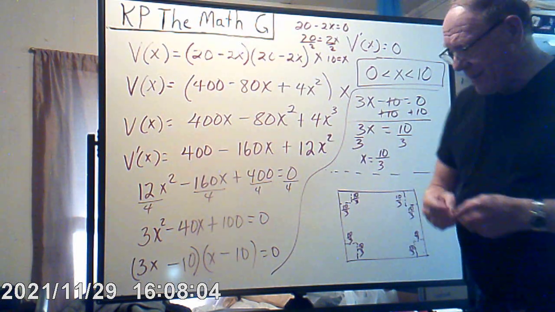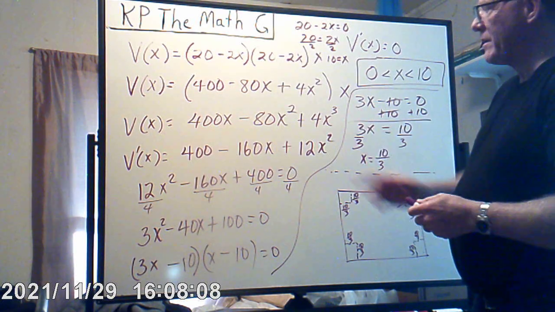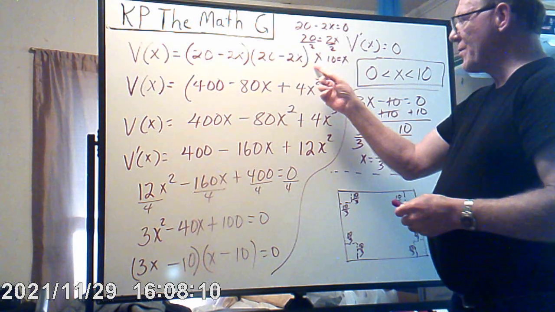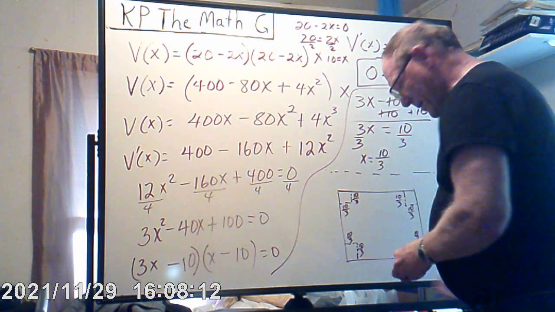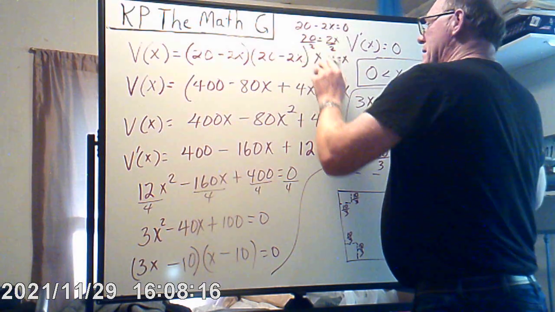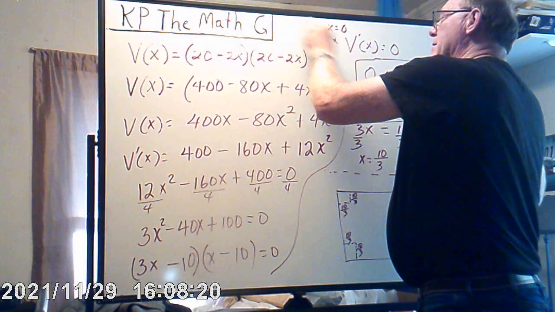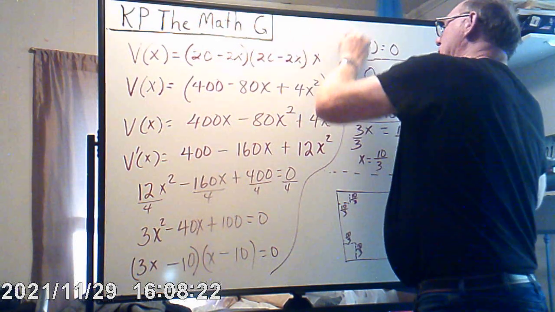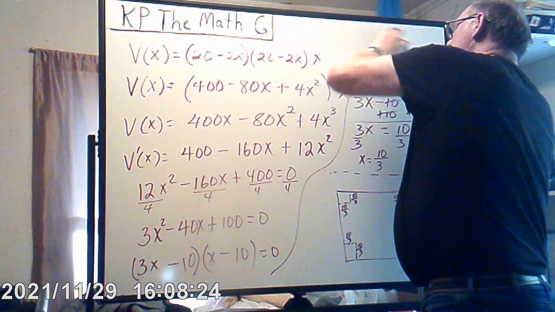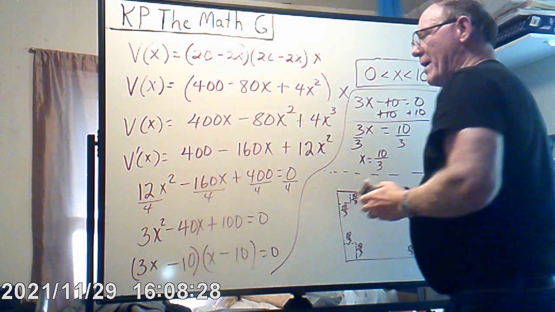Okay, if what is asked for is the volume, you simply plug this into all three of these, and you have your volume. I want to erase this because there's so much here in the way. I don't like a crowded board. Alright, there it is if you want to find the volume.